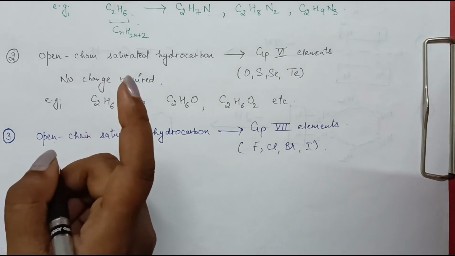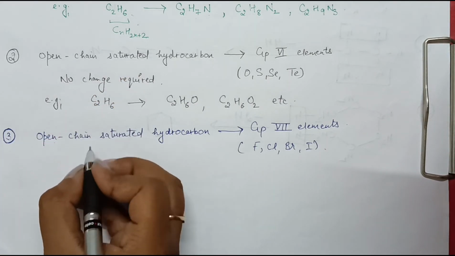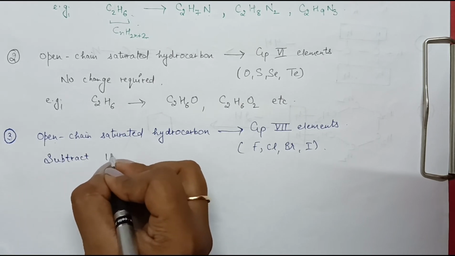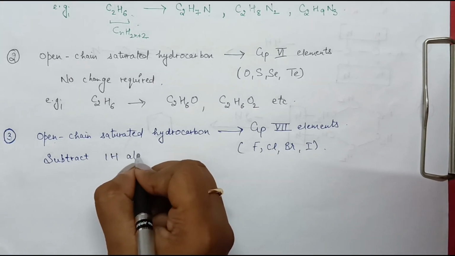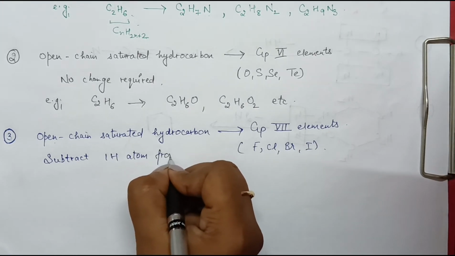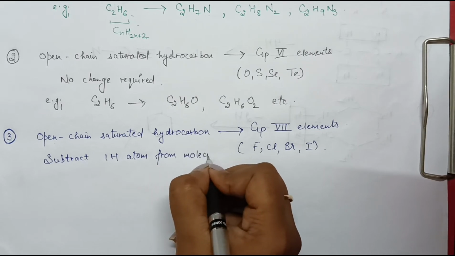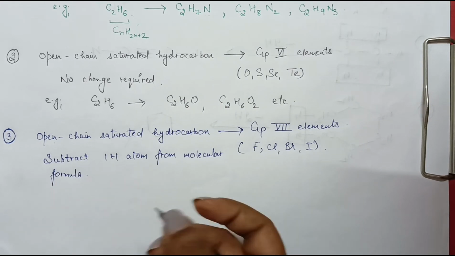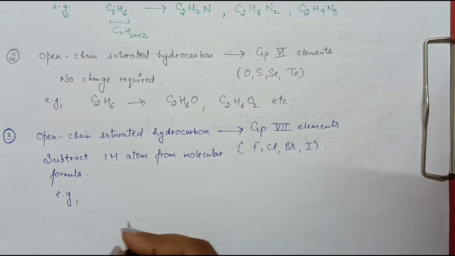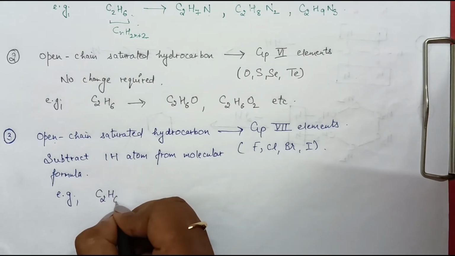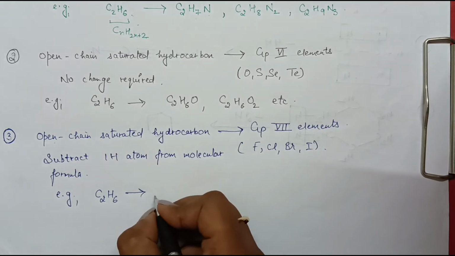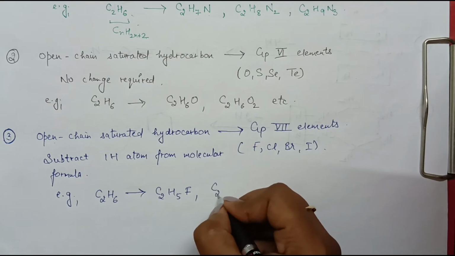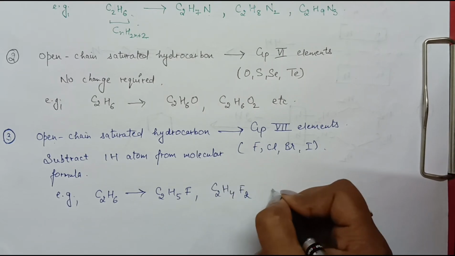In that case, subtract one hydrogen atom from the molecular formula. For example, again if we have C2H6, then it will change to C2H5F or C2H4F2, etc.